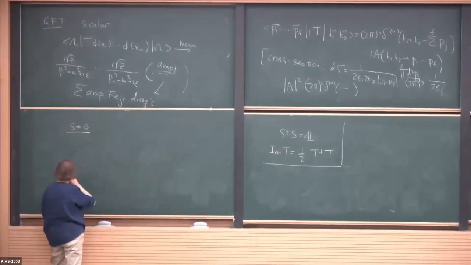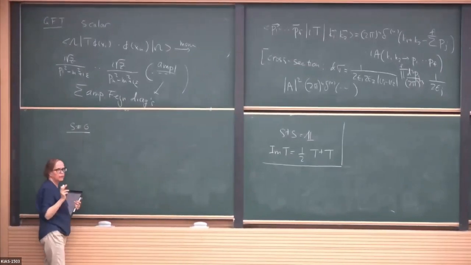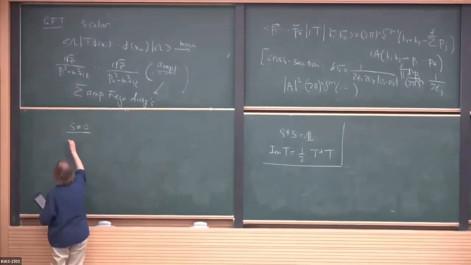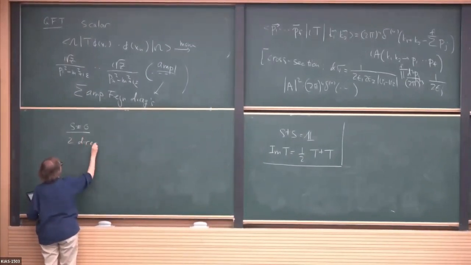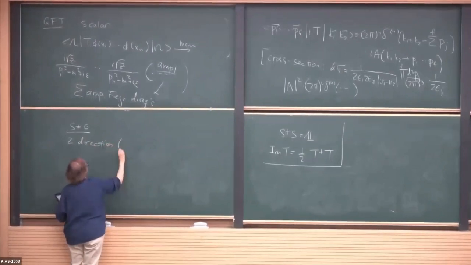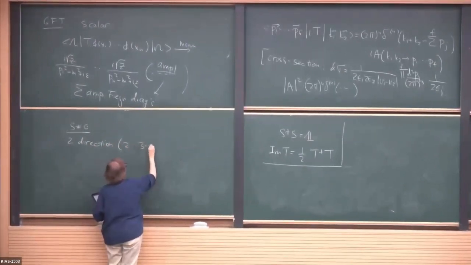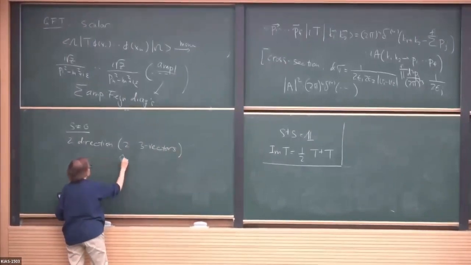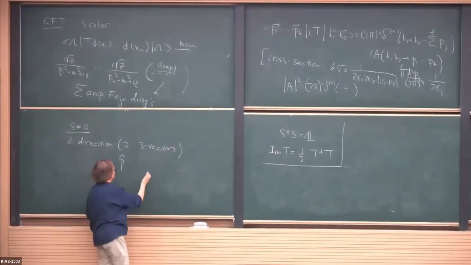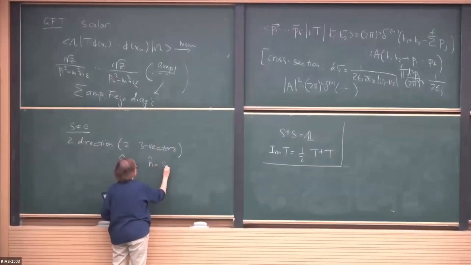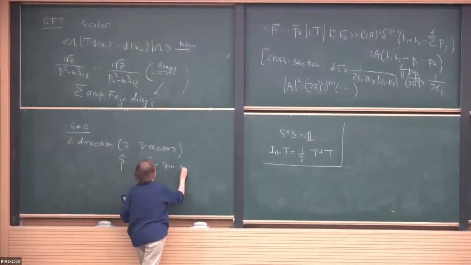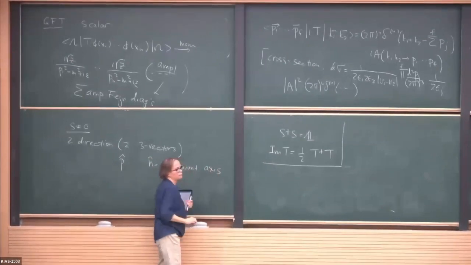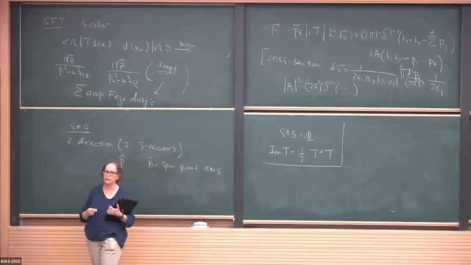When we're talking about particles with spins, in order to specify the particle we need two directions in principle, or three vectors. One, of course, is the momentum, and the other one is the spin quantization axis. This is the direction along which we define our spin.